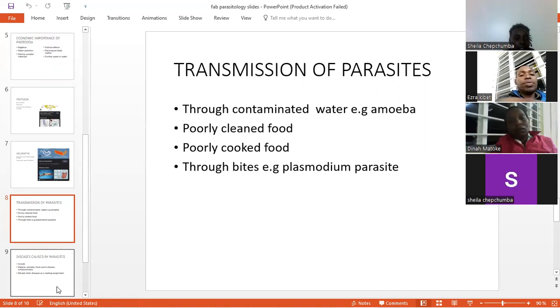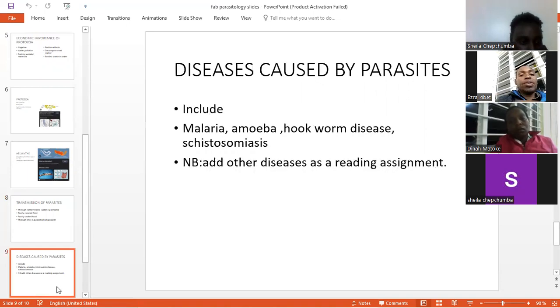Now let's move to diseases caused by these parasites. We have malaria, amoeba, hookworm, and schistosomiasis. These are a few examples. Malaria and amoeba affect human beings.